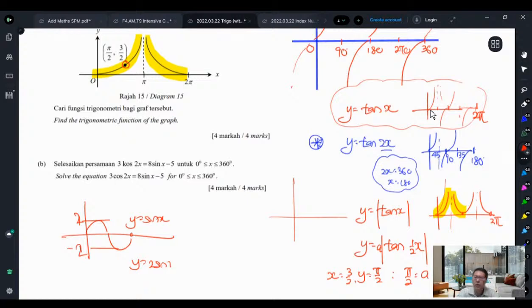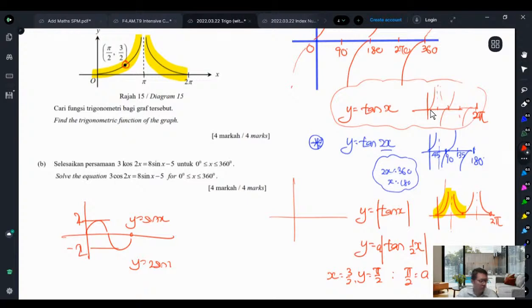It is in radian, so we need to change the mode to radian.